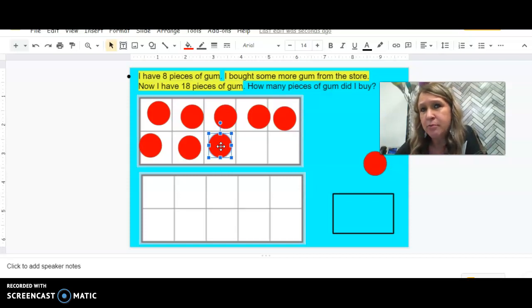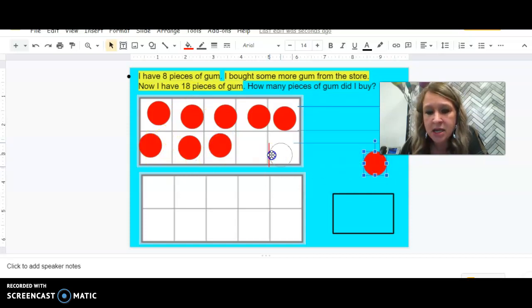Okay, so if I bought some more and I only have 18 now, I'm going to need to count the counters until I get to 18, right? All right, so here's my 8. Now I'm going to keep counting until I get to 18, and then we will see how many I bought, okay? Now let's keep going to 18.